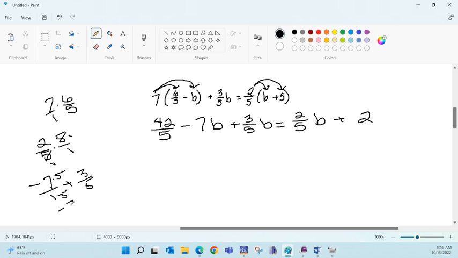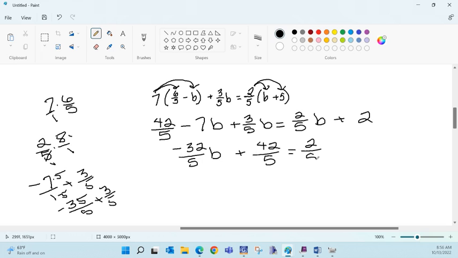So negative 35/5 plus 3/5 gives us negative 32/5 b, plus 42/5 equals 2/5 b plus 2.